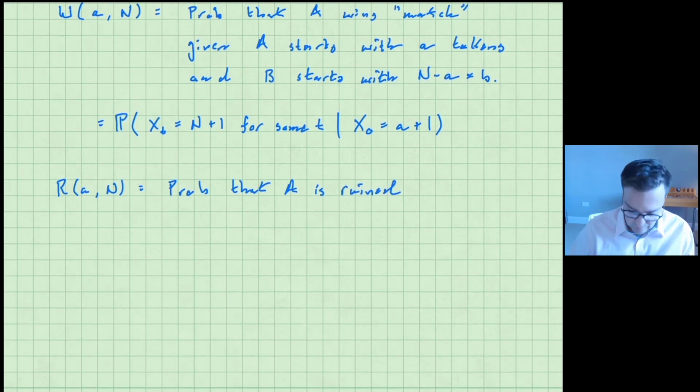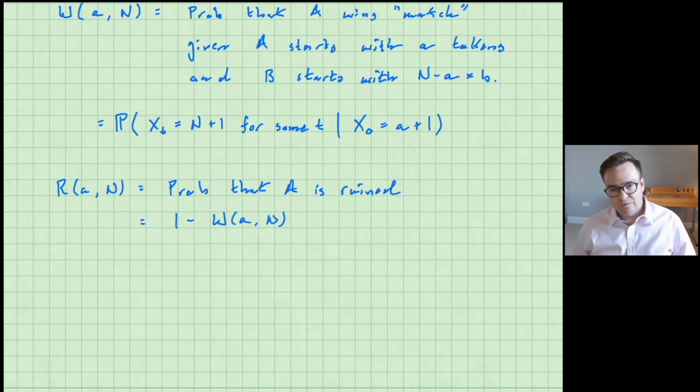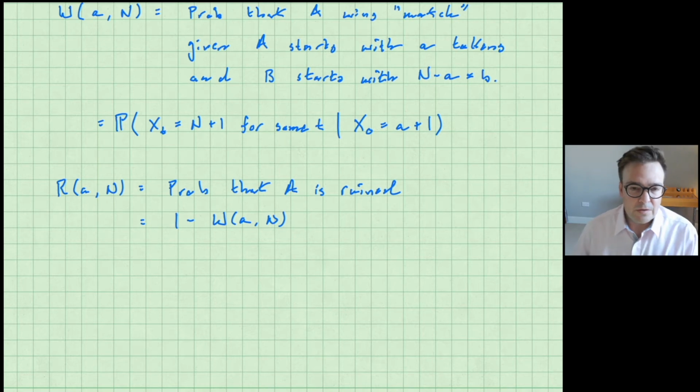Right, and so you can write out a formal statement for it, or you can just define it like 1 minus W. All right, and so these are the two things that we're going to try to calculate for a variety of different conditions.